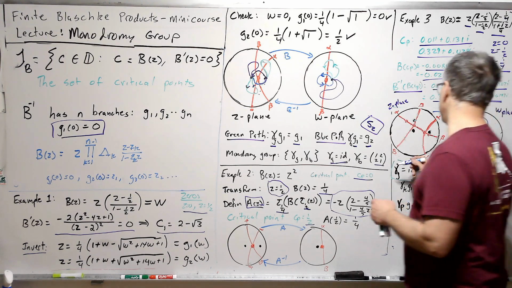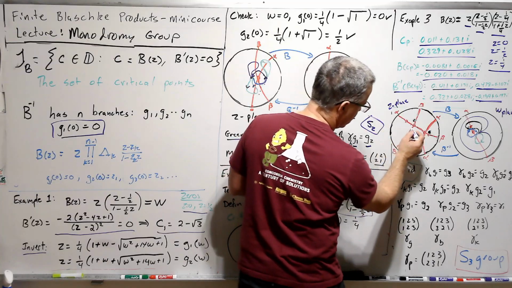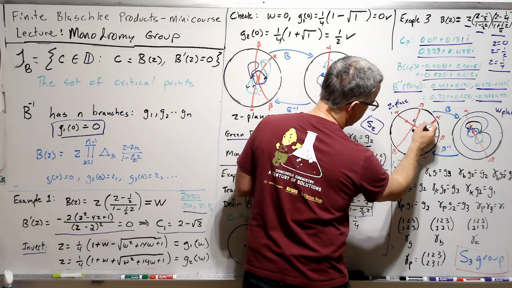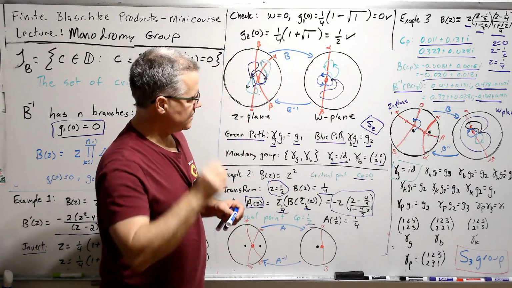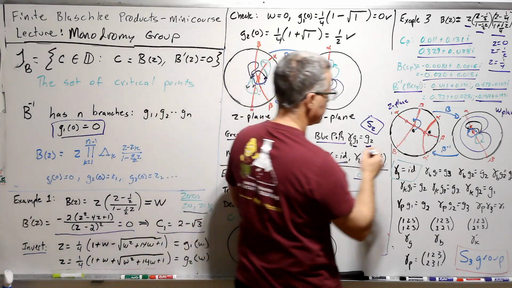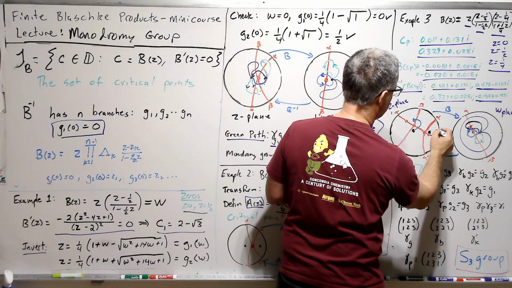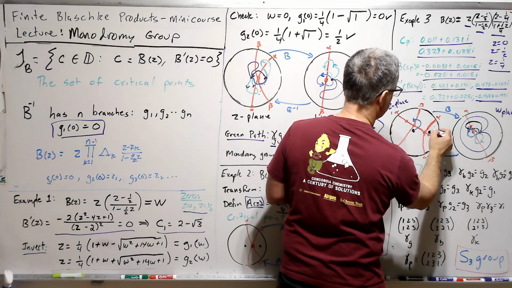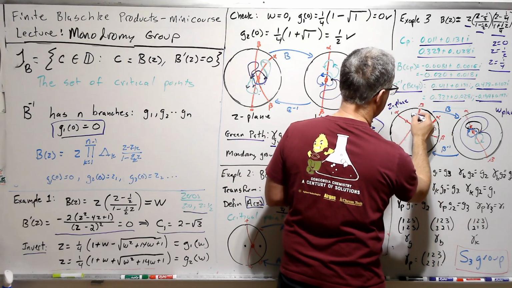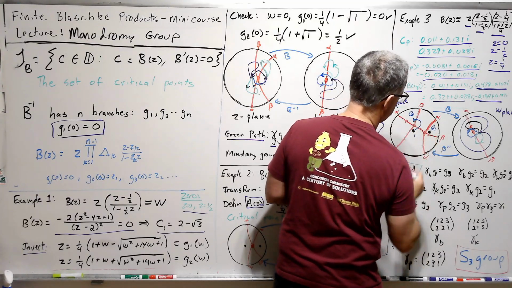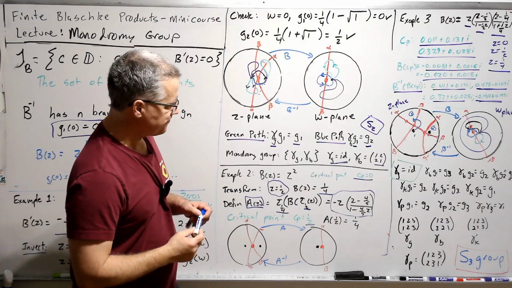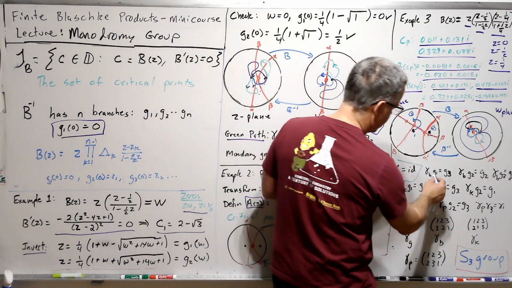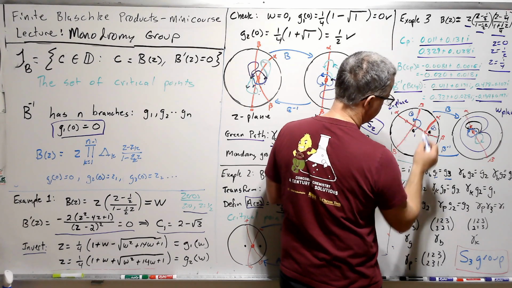So let me see if I can do this here. I'm going to go through and back on the beta line. I end up here, and we'll call this branch 2, and this 3, and this 1. Branch 1 is always the one where 0 is 0. Okay, so what does it do? It takes G1 to G3.